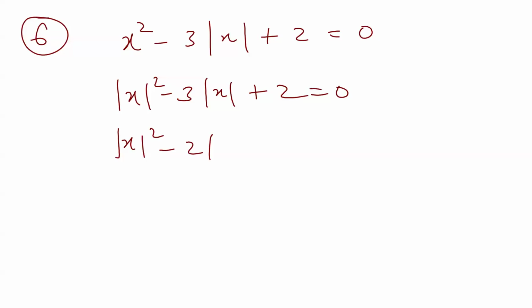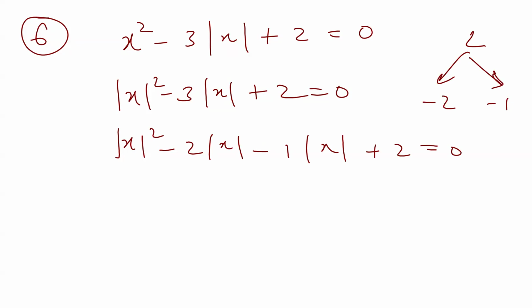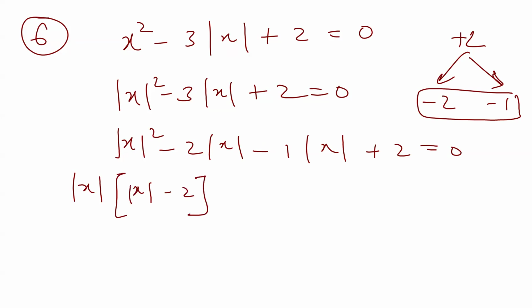So minus 2 into modulus of x, split the middle term. Minus 1 into modulus of x plus 2. See, because we require 2 plus 2, so minus 2 into minus 1, multiplication is plus 2 and addition is minus 3. Take modulus of x common. Modulus of x minus 2.